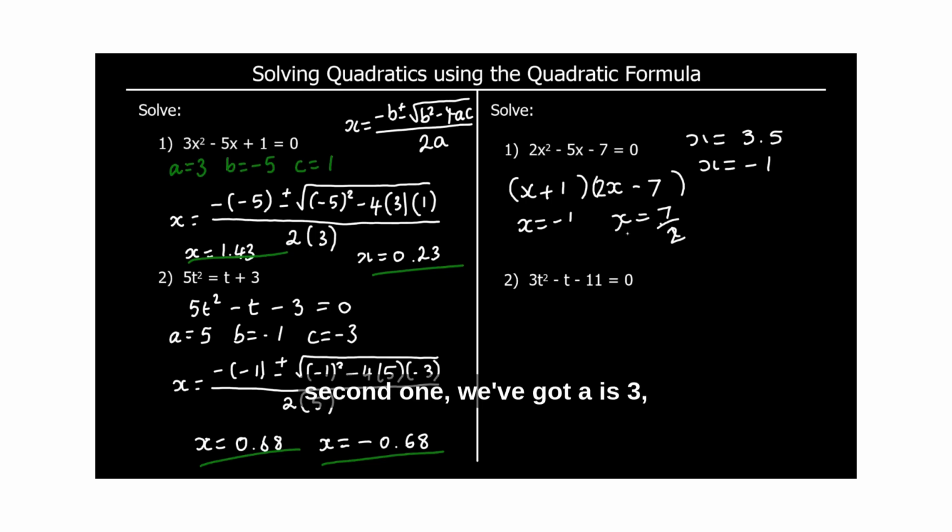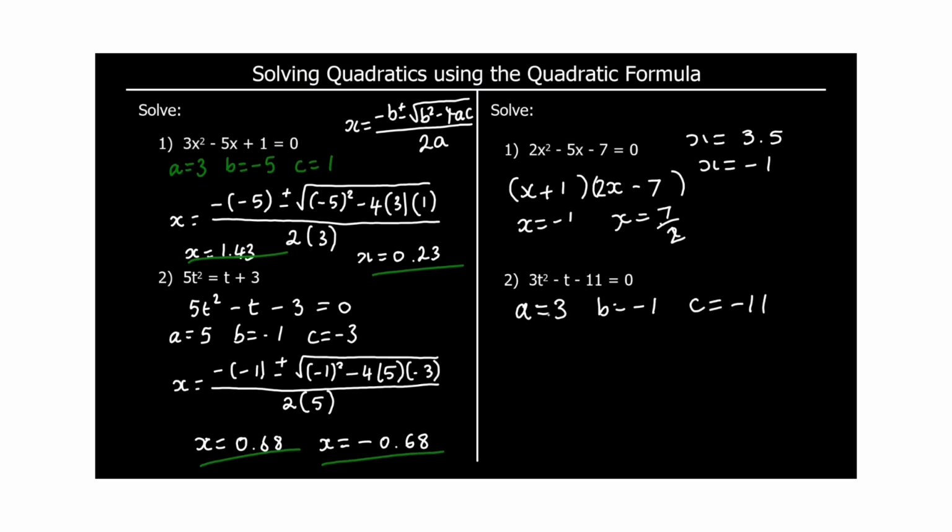The second one, we've got a is 3, b is -1, c is -11. So we just use the quadratic formula.